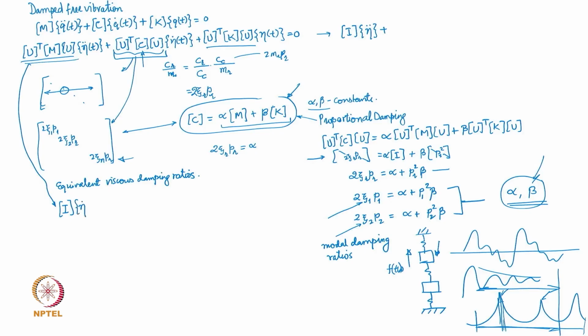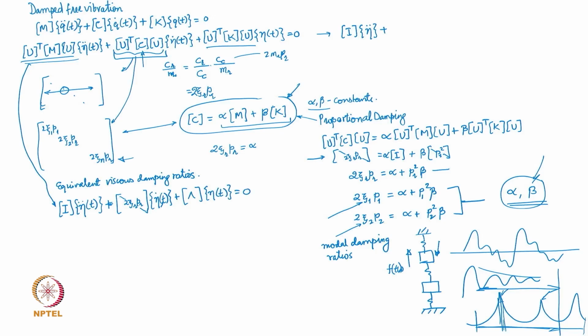We all know that we have equations in this principal coordinate, eta double dot t, and then I can write 2 zeta r pr as the diagonal matrix for the damping case, and then I have eta dot t, and plus of course you have a spectral matrix here for the stiffness related term, and that is how the governing equation finally trickles down to.